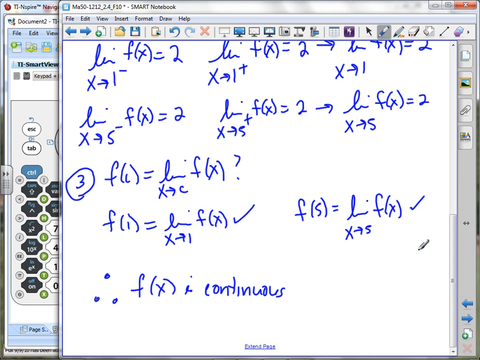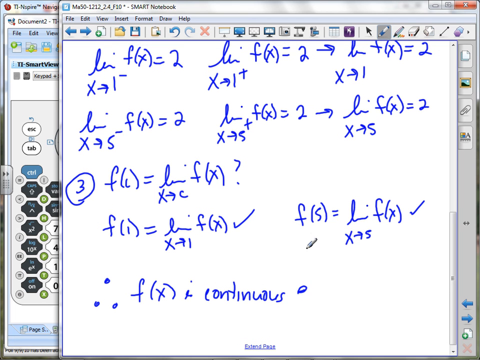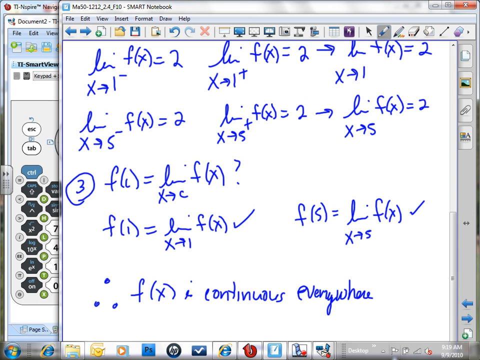Yeah. Is the horizontal line continuous everywhere? So the entire function, both pieces included, is continuous everywhere. Okay, there are no discontinuities. Okay, thank you for reminding me to go back and make our conclusion. Any other questions on that?